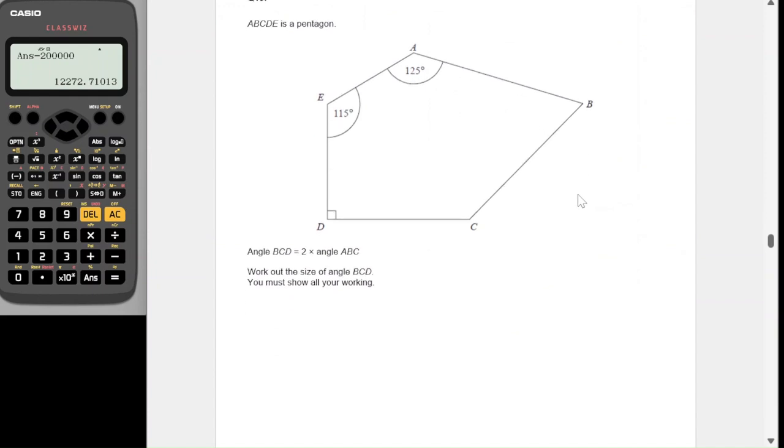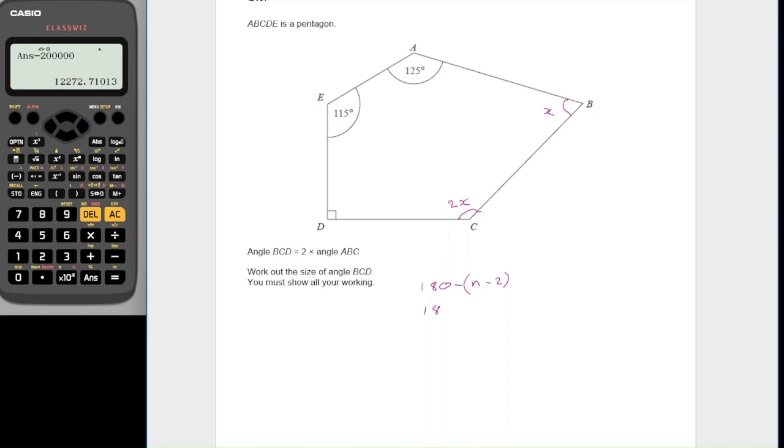Right, 19. Got a pentagon. The angle BCD is 2 times the angle ABC. Work out the size of the angle ACD. So let's call that X for now. Then we call that one twice as big, so 2X. So we want the angles in this to equal 180 times by n minus 2.